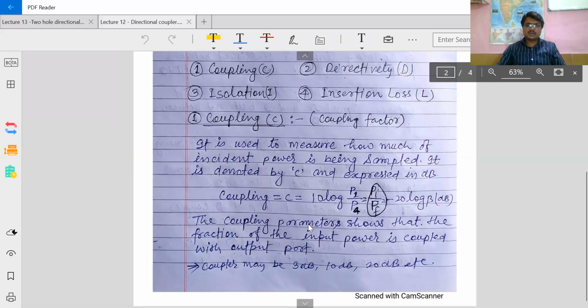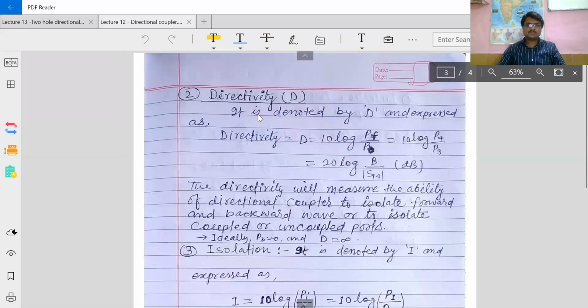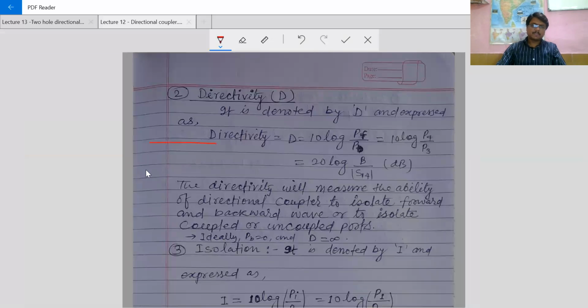And the next one is the directivity. What is directivity? Let us suppose this is your directional coupler. This is port 1, 2, 3 and 4. In reality, there is some coupling power and there is a finite back power.